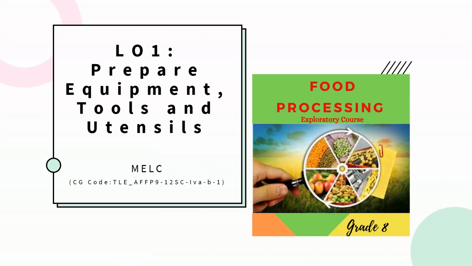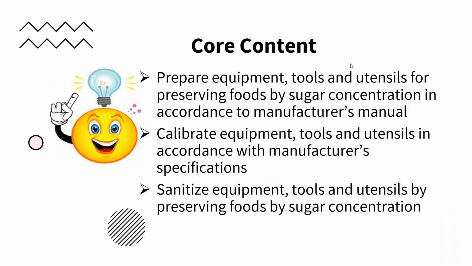And for learning outcome 1, which is to prepare equipment, tools, and utensils. Our objective for this lesson, or our core content: prepare equipment, tools, and utensils for preserving foods by sugar concentration in accordance with the manufacturer's manual.